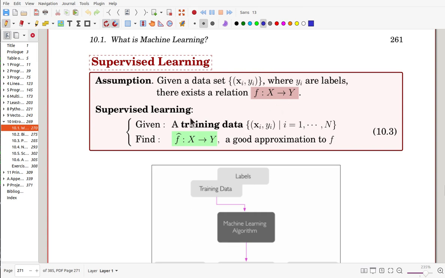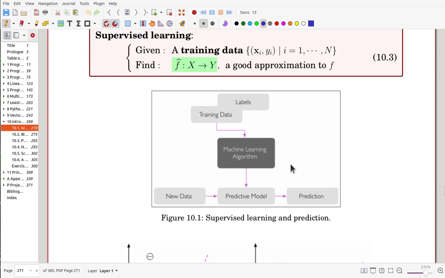So the task of supervised learning is to find f. By using a training data set, xi, yi, we try to get f hat, which is a good approximation to the original relation. We don't know the original one, so once we find a model, a relation or function, it will be an approximation to the original relation.